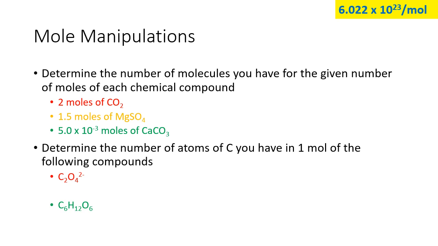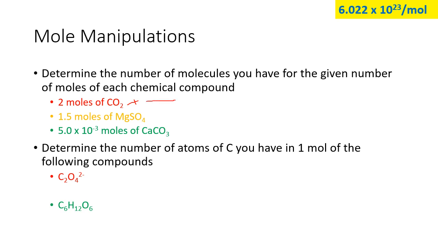First, we'll determine the number of molecules for the given number of moles of each chemical compound. We're going to use dimensional analysis. So let's start with this 2 moles of CO2. And we know that we need to cancel out the moles of CO2.